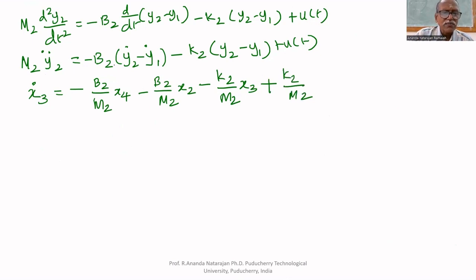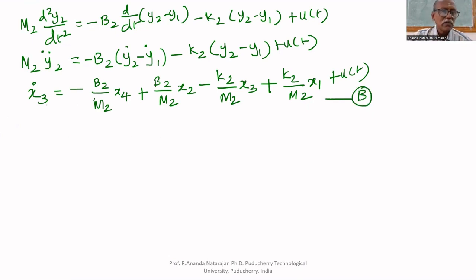This is plus because of two minus signs, that's why plus. k2 by m2, y1 is x1, plus u of t. So now this is equation B.